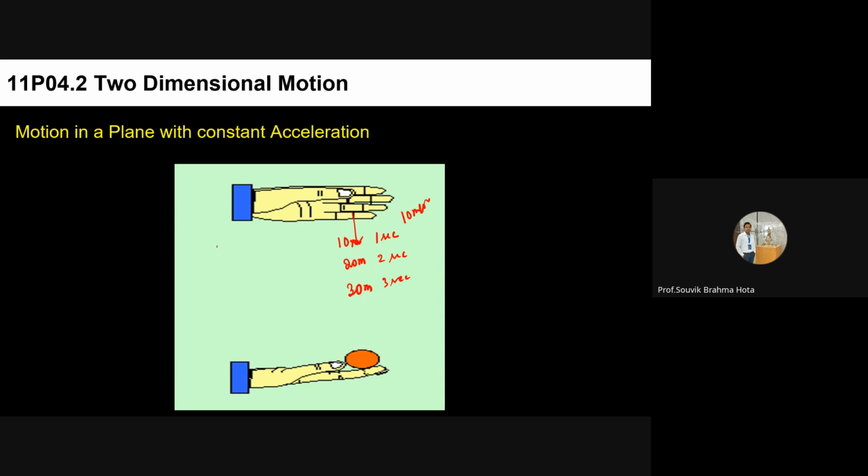Now if you want to draw a graph of velocity with respect to time, how will it look? Velocity with respect to time will be a linear graph like this, and the slope of the graph will be 10 meter per second square.